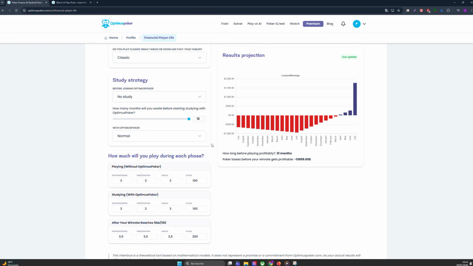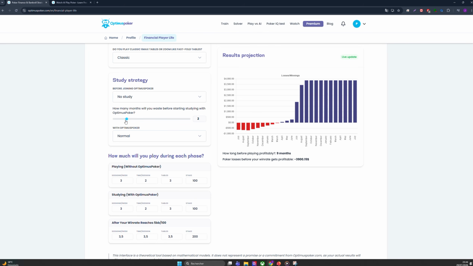This kind of profile, this guy already made 2 mistakes with what we set here. The first mistake is that it took him 12 months to understand that he should start studying the game. And as you see, if he was faster in his mind, like starting studying in 2 months, this would drastically change the price that he would have to pay before becoming break even.